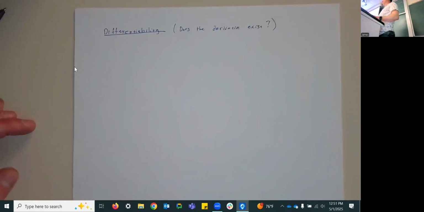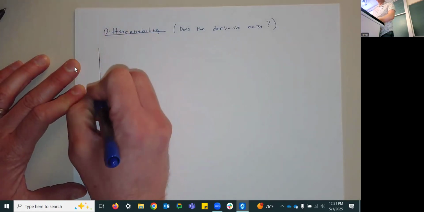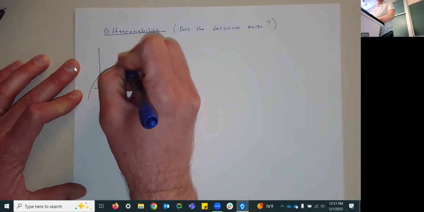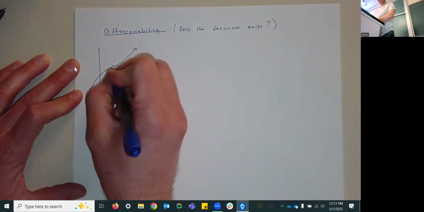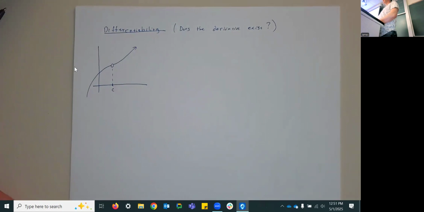So here's some examples of things that are not differentiable at a particular point. So something like this. If you have a hole in your function, you definitely can't find the slope of the tangent line at that hole because the function's not even defined there. There isn't a tangent line at that hole.